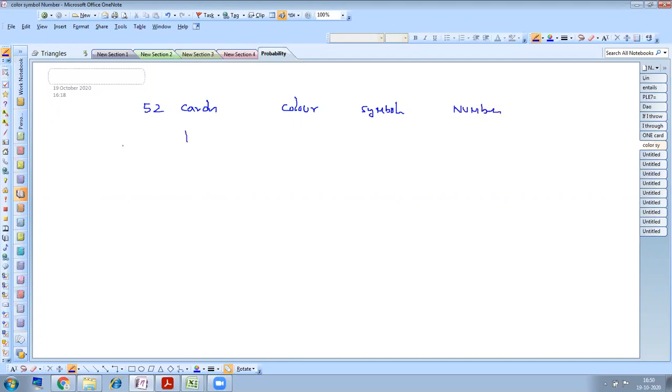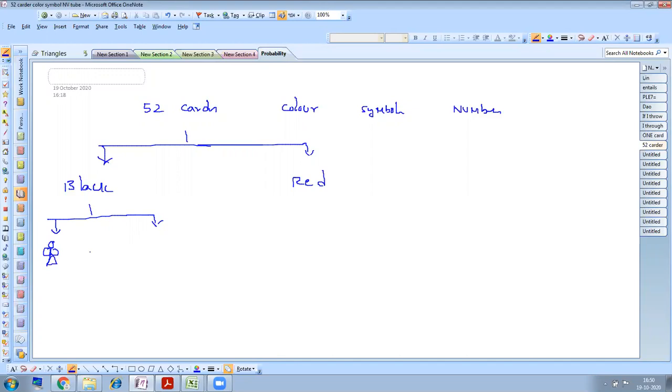Suppose I'm taking colors, there are 2 colors in this. What are the 2 colors, guys? Black and red. Again, black is divided into 2 symbols. You will get a black club. This is called club, and black spade.